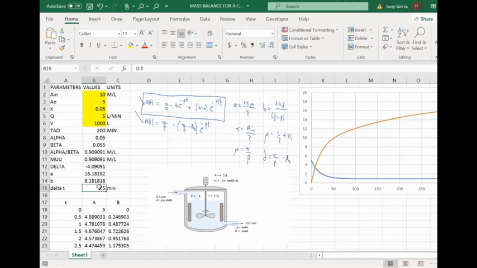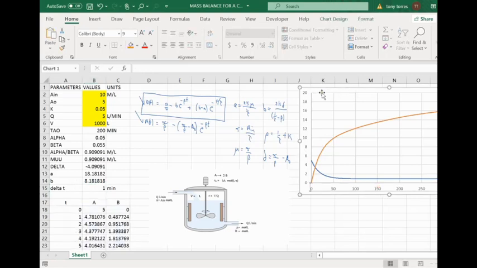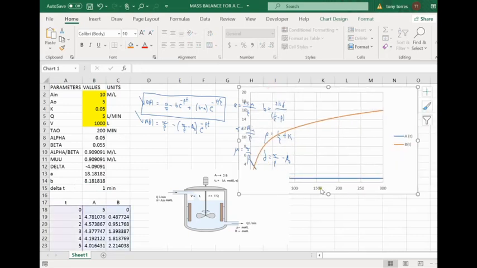How about if I go minute by minute? Let's see. Did it change? Let's see 0.5 again. 1. I see. Hold on for 1 second. Let's put 1 minute here. Let me check this.